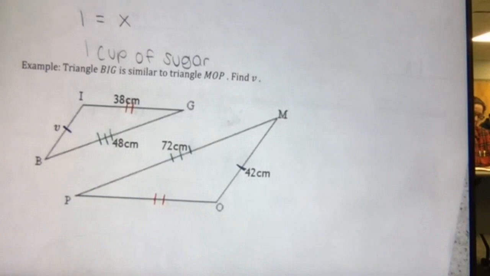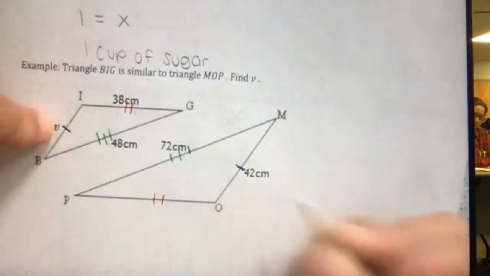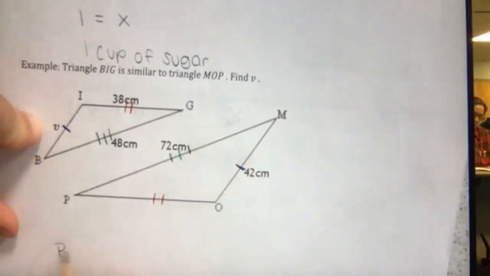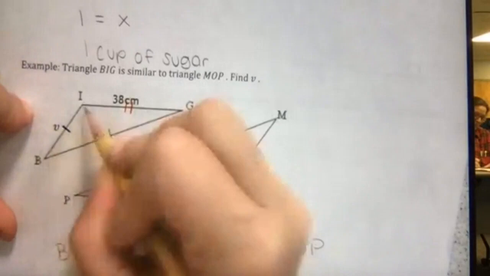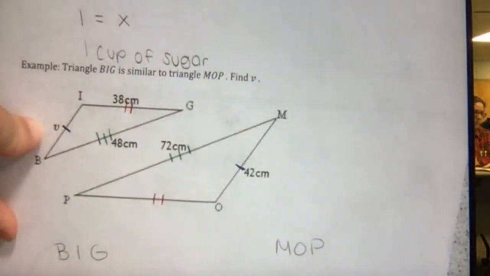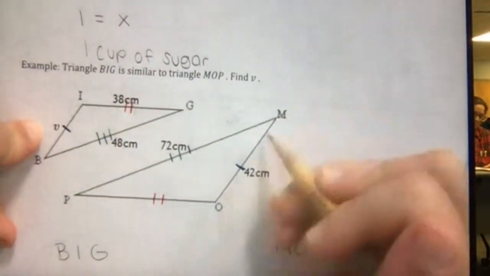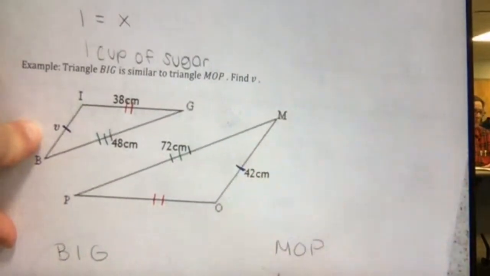So I want to find a proportion because similar means that I can set them equal to each other. This V side is going to be my BIG triangle. This is going to be my MOP triangle. My BI side, which is V, is going to match up to my MO side, which is 42.